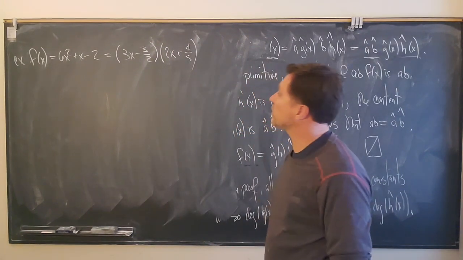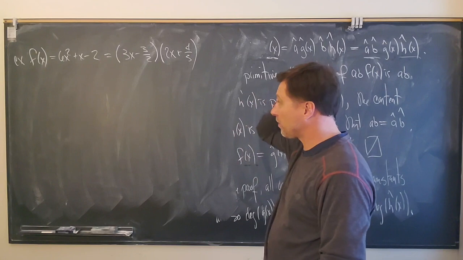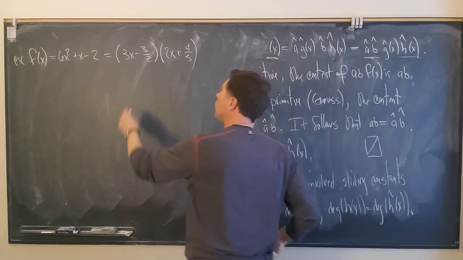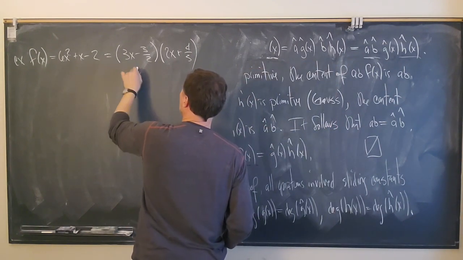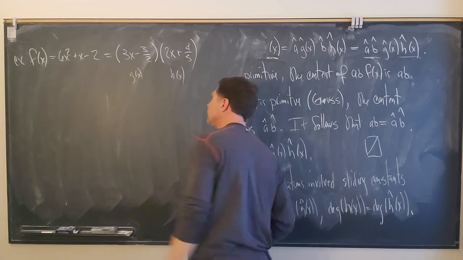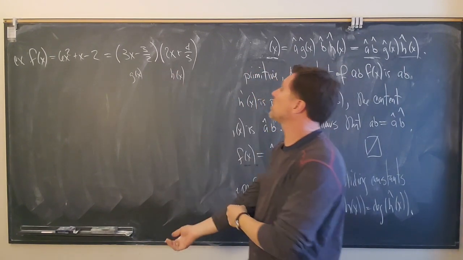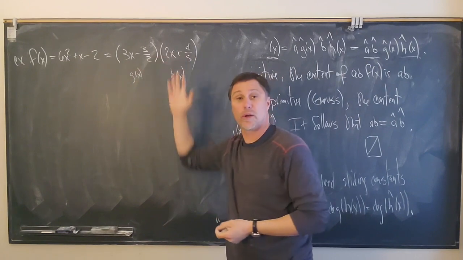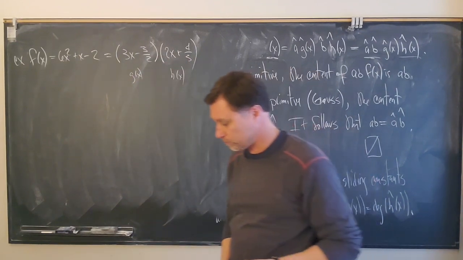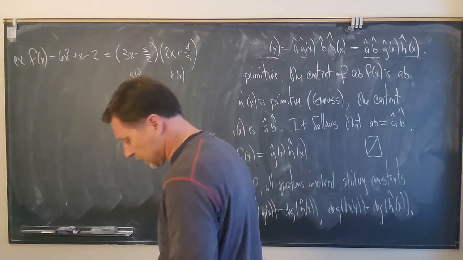So here's a factorization of my polynomial f of x, but it's happening over Q. This is my g of x here, and this is my h of x. But I wasn't smart enough to factor this polynomial over Z. All I could do is figure out how to factor it over Q. So let's see, what do we do?